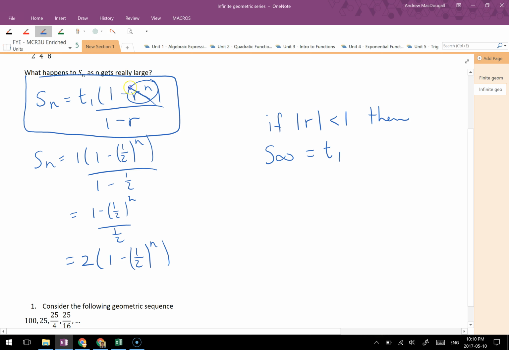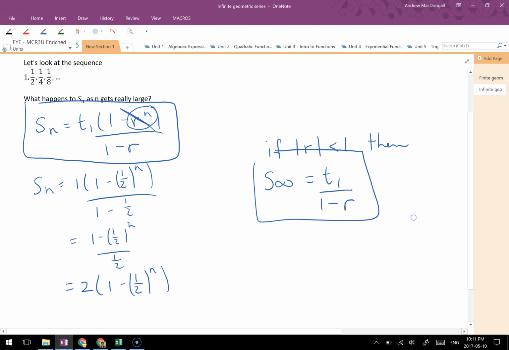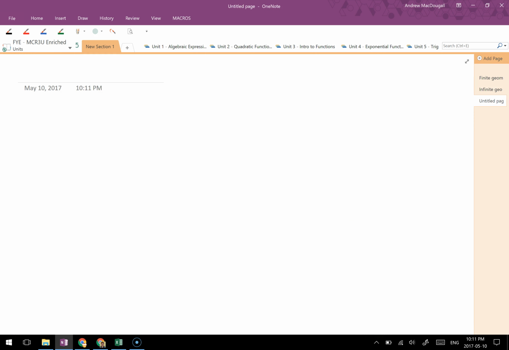This r to the n goes away for S infinity because this number less than 1 to the power n is very small. All infinity terms, you add them up, this formula will give you what you would get. And that's kind of amazing. And note quickly that this only actually works if your common ratio is less than 1.